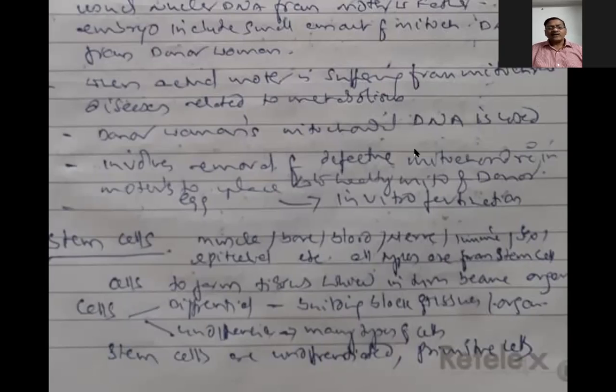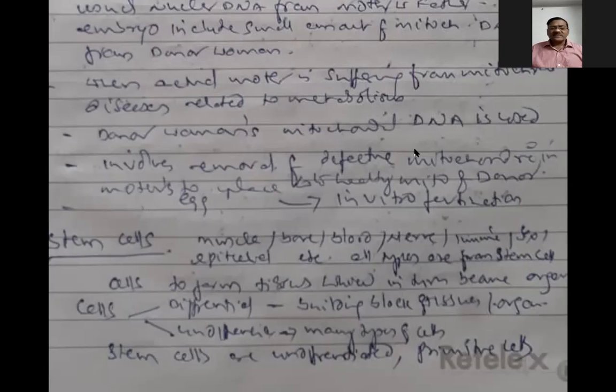You can do that. It need not be done in the embryo stage. It can be done in the adult stage also. These are cells that can be transformed to stem cells to replace the diseased cell.